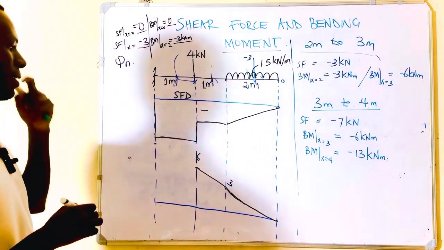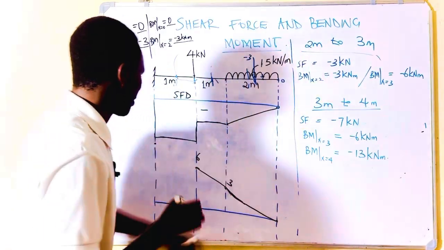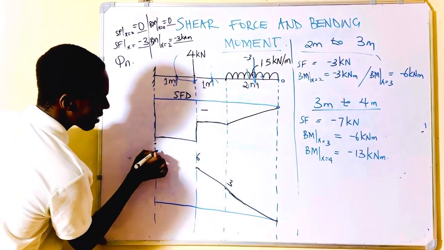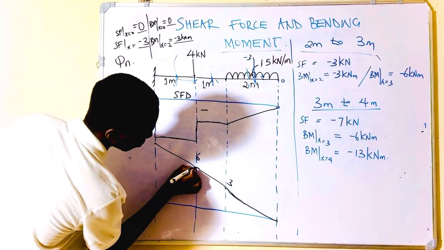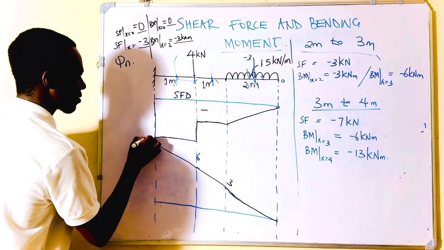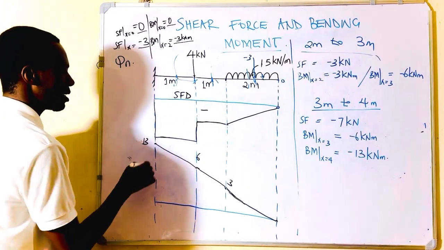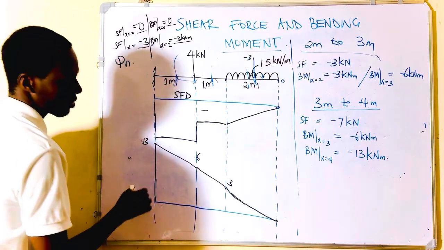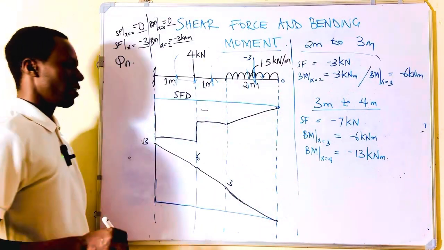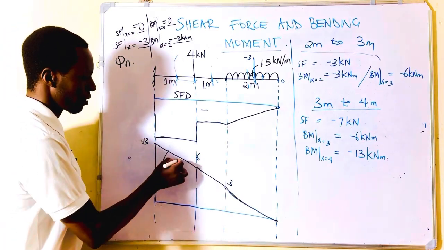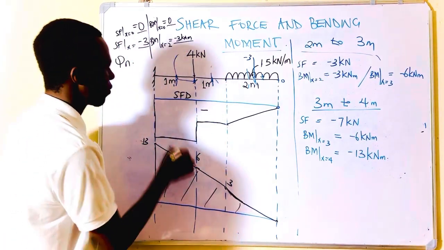Then at this last one, when x is 4, it went to minus 13, so straight also. So this is 13 kilonewton meter. The most important thing is this curve. So this is our BMD. You can shade it if you wish.